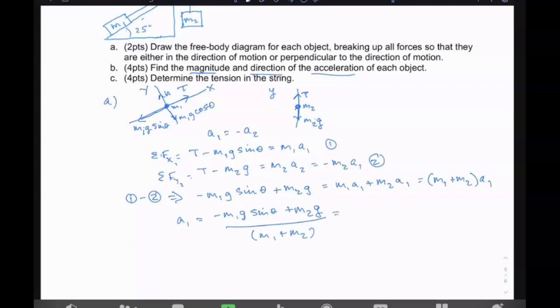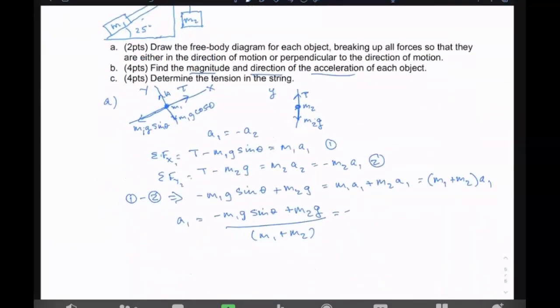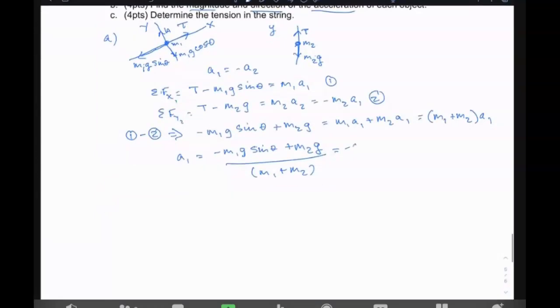And then if we put in the numbers, we have minus m1, which is 8 kilograms, times 9.8 meters per second squared times the sine of the angle.